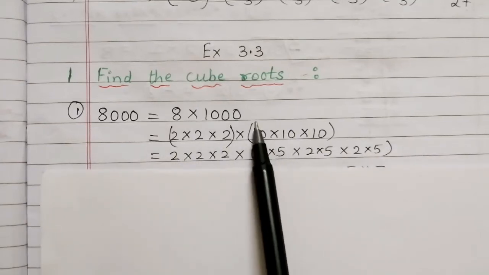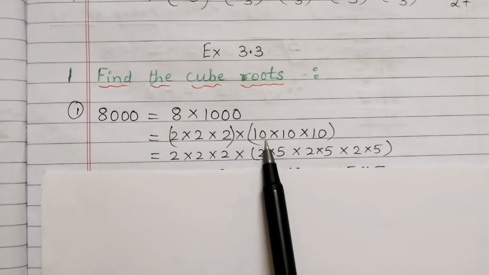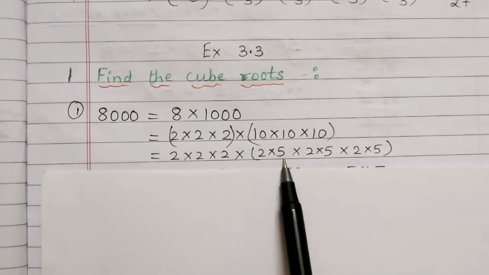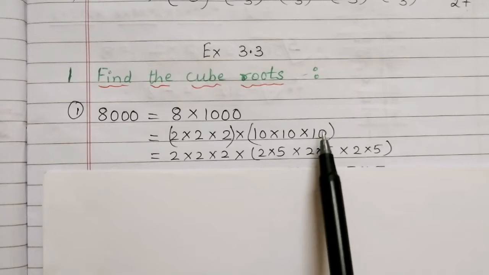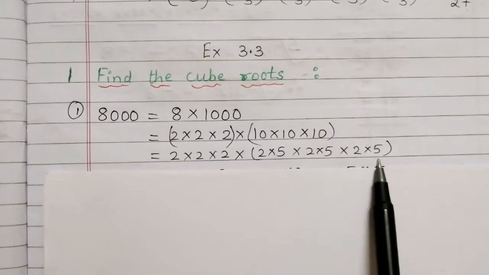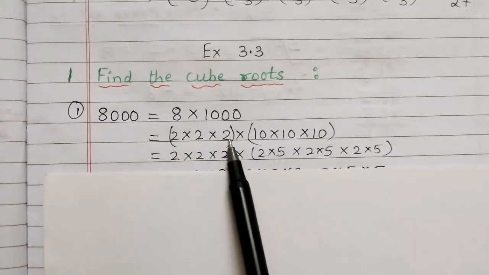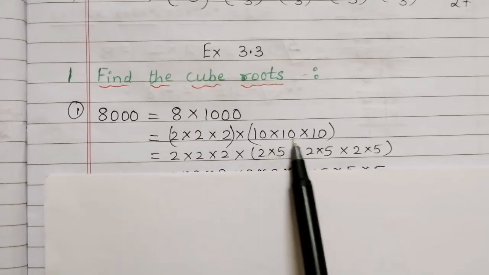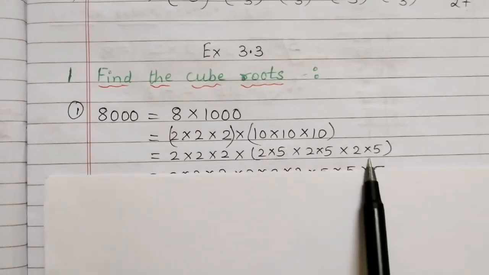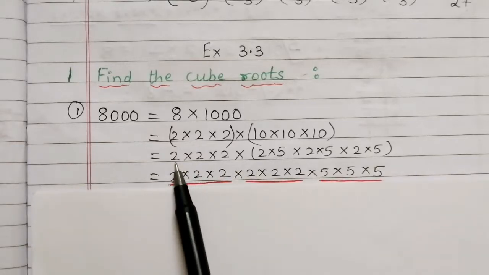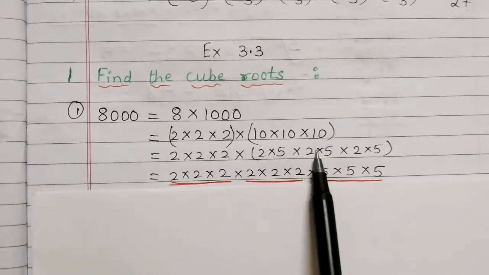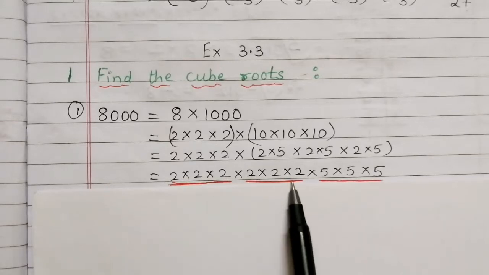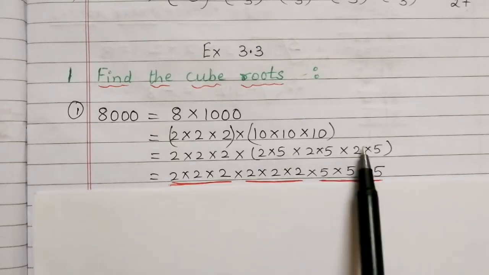If we factorize 10 more, then we will get 2 into 5. In place of each 10, write 2 into 5. So now we have got 6 times 2 written here, and 5 is 3 times written over here.